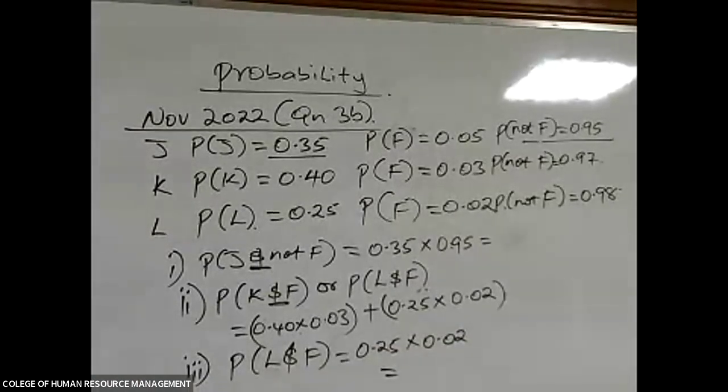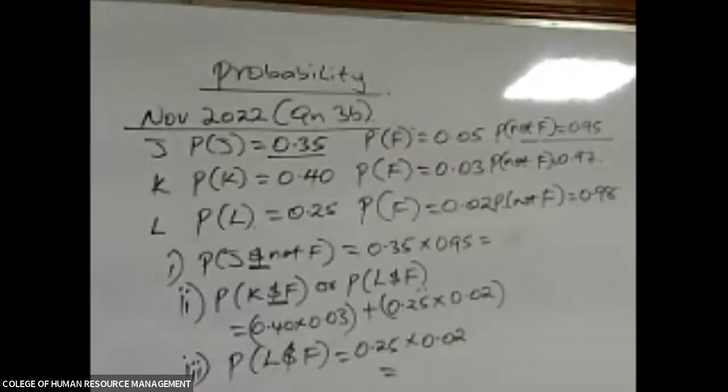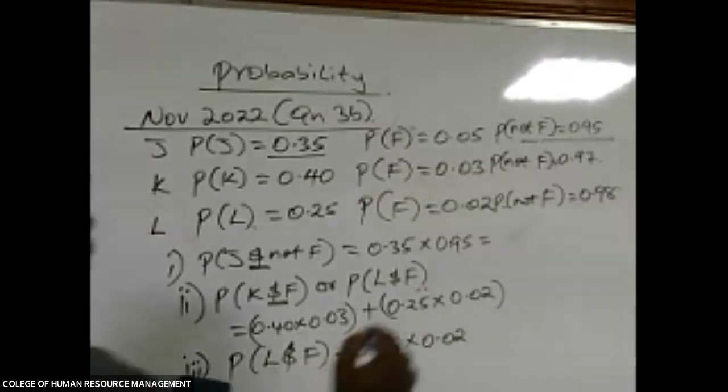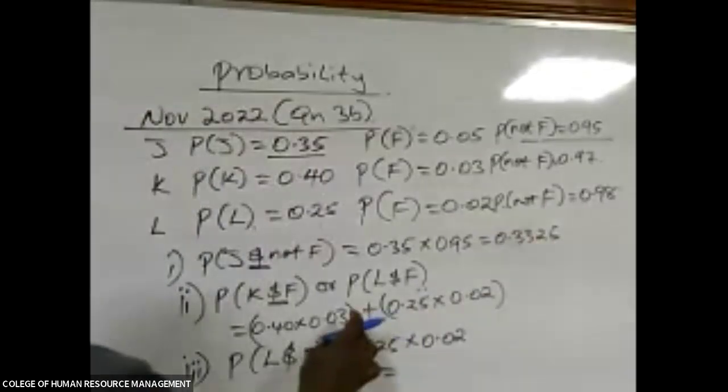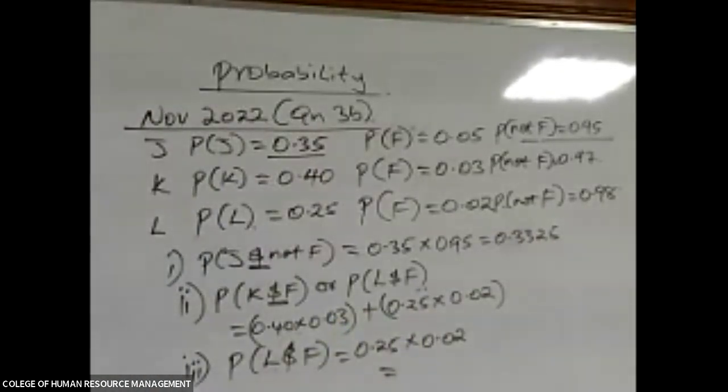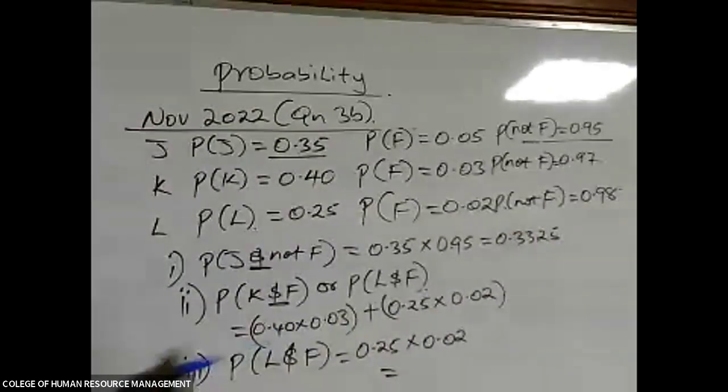So for part 1, 0.35 times 0.95. You get 0.3325. For this one, you can put the bracket 0.40 times 0.03.